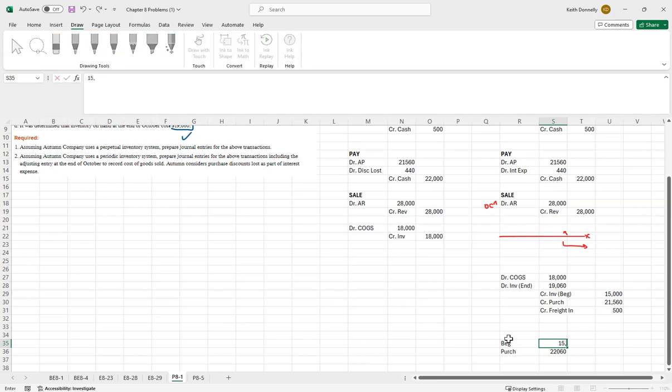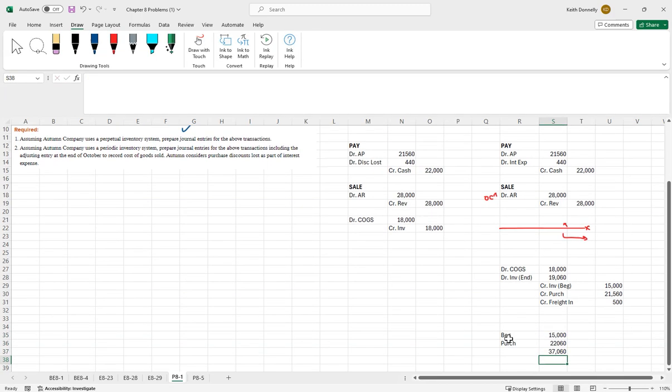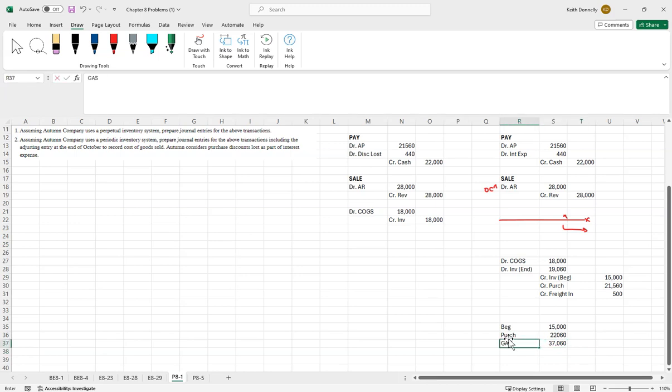We add those together, and that is our goods available for sale. In this case, our ending inventory was 19,060.